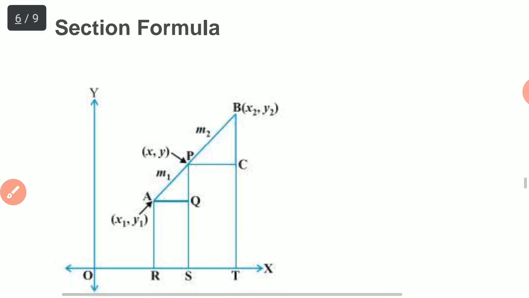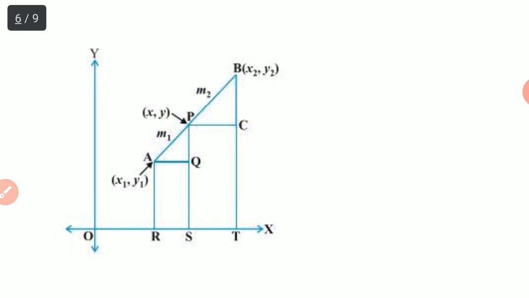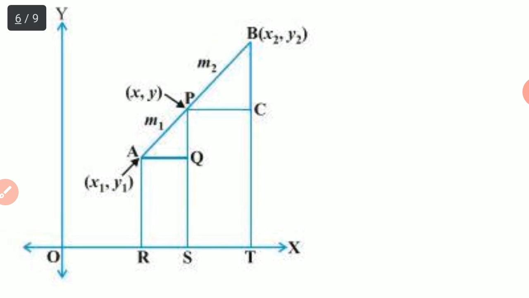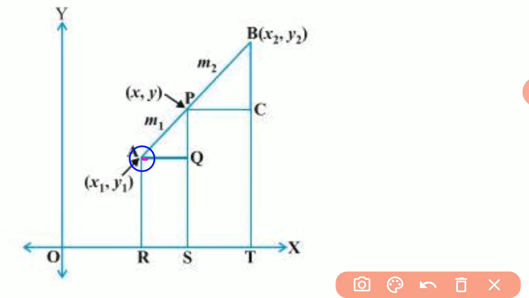See in this diagram, this point A is x1 y1 and the point B is x2 y2, and this point P divides in the ratio m1 to m2, and the coordinate of P is xy.